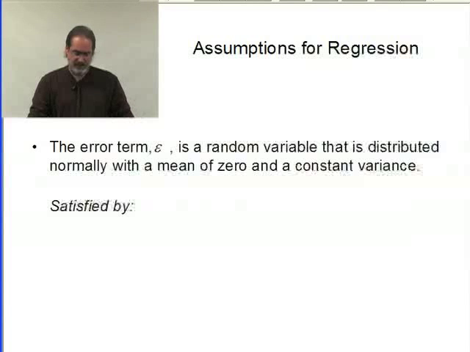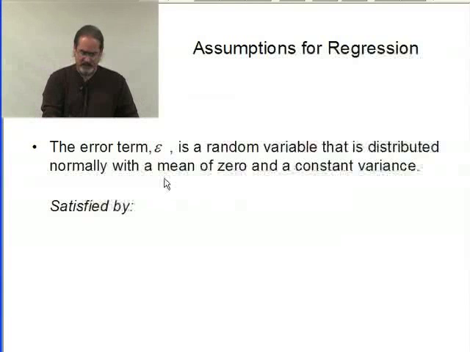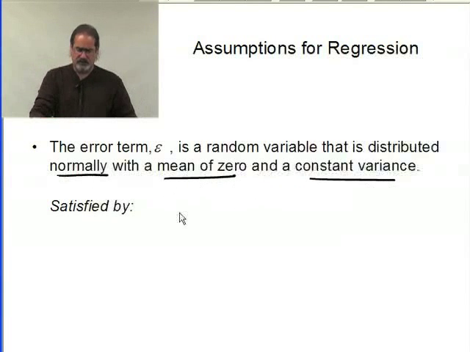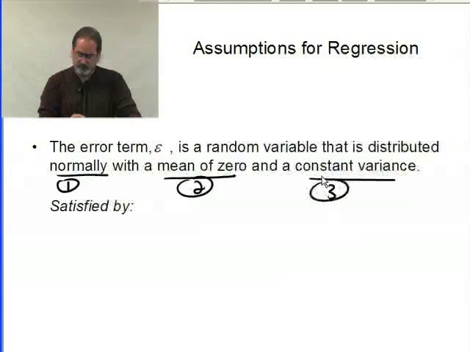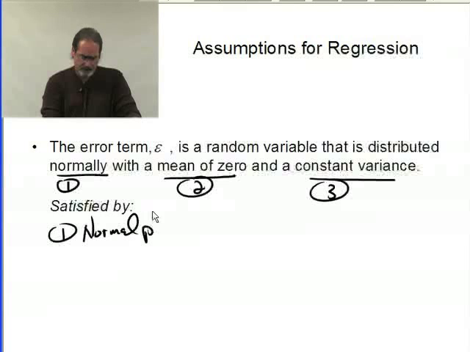Okay, the next assumption is that the error term epsilon is a random variable that is distributed normally with a mean of 0 and a constant variance. So we need normality, the mean of 0, and the constant variance. Now for normality, I'm going to label this as 1, 2, and 3, three different things we need to address. For the normality, it's satisfied by a normal plot of the error terms.